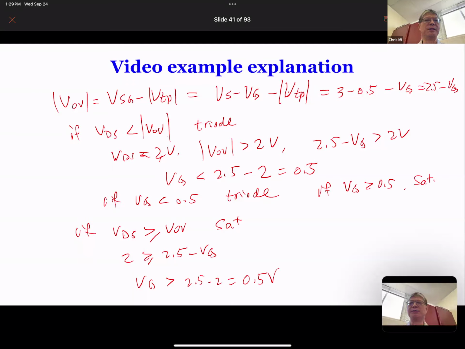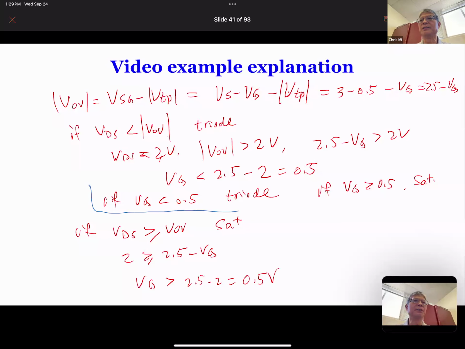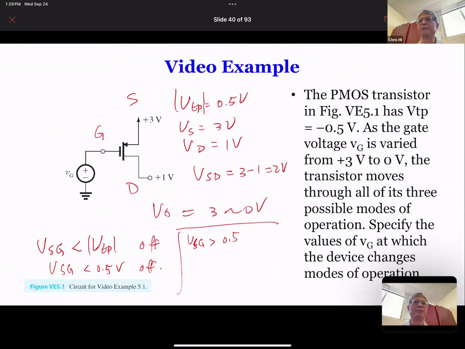So now we have found that the solution is if Vg is less than 0.5, it's triode mode. If it is more than 0.5, it's going to be in saturation mode. And from the previous slide, we said VSG has to be bigger than 0.5 to conduct. Now VSG is equal to Vs minus Vg, less than 0.5 for off.